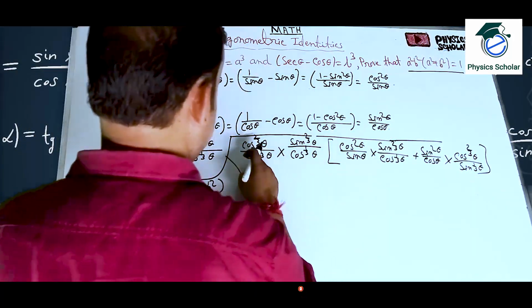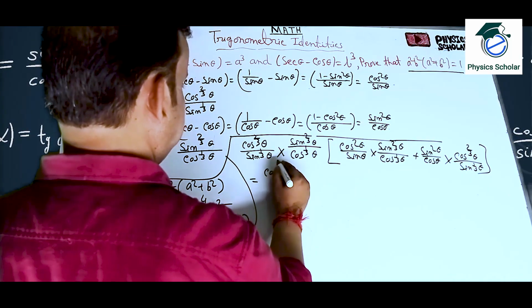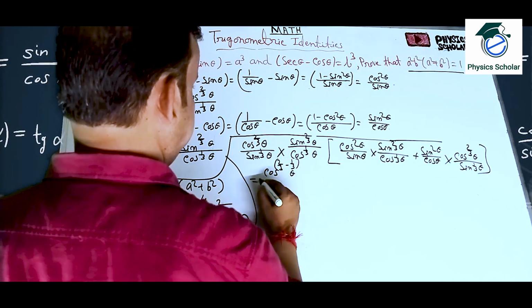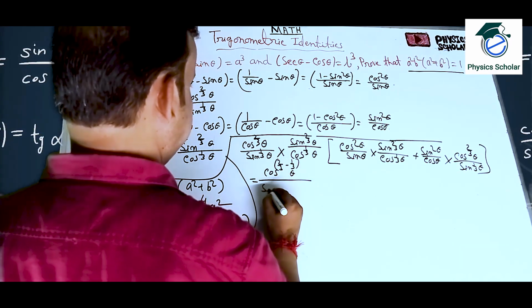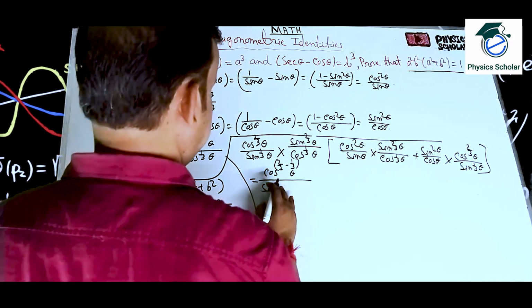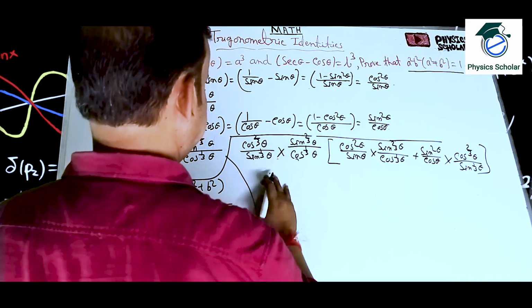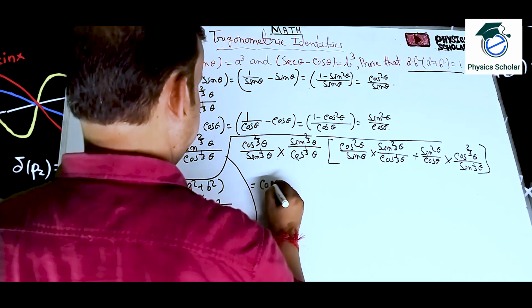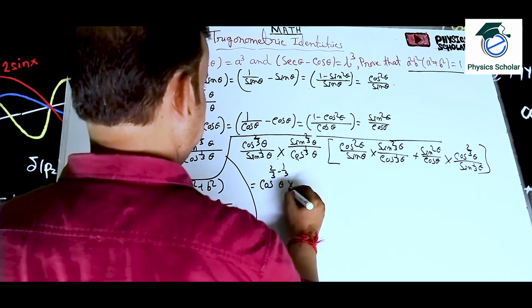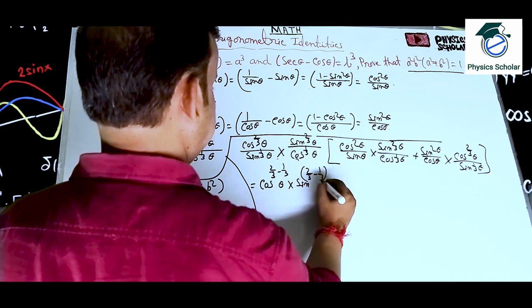Now cos to the power 2/3 minus 1/3 θ divided by sin to the power, or we can write it the same way: cos to the power (2/3 minus 1/3) θ into sin to the power (2/3 minus 1/3) θ.